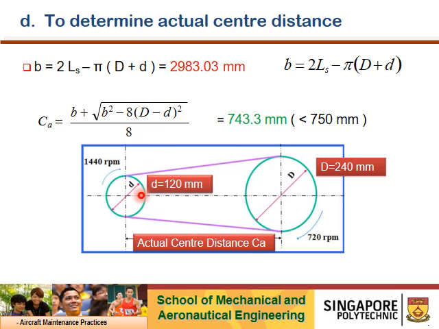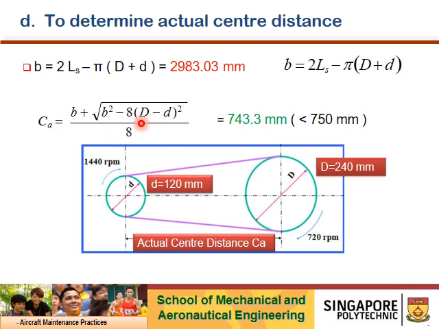So given A1-1 again, can you go to A1-1? There will be another equation for you to use. It will be CA, the actual center distance we have to calculate. There are a few variables here. CA equals (B plus the square root of B squared minus 8 times (big D minus small d) squared) over 8.